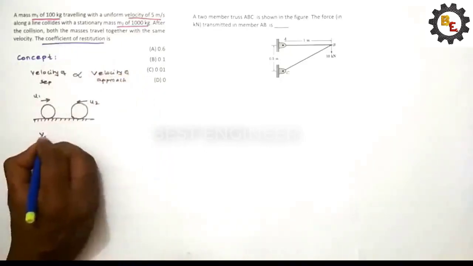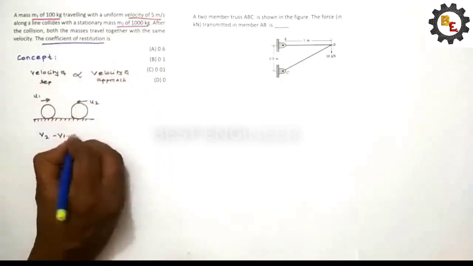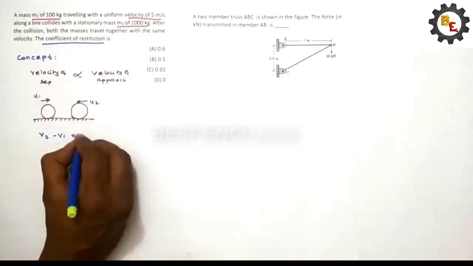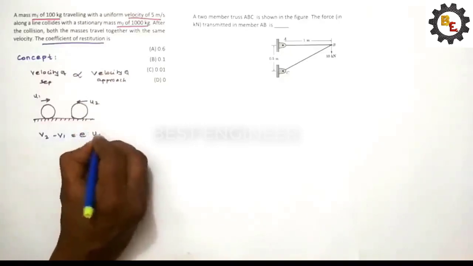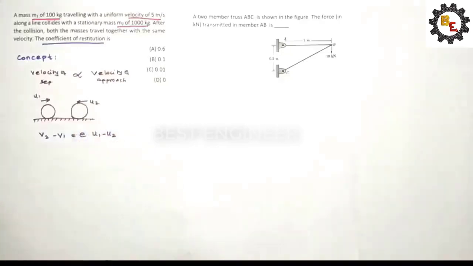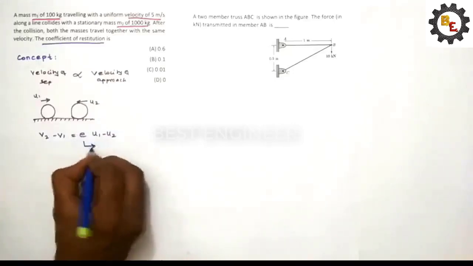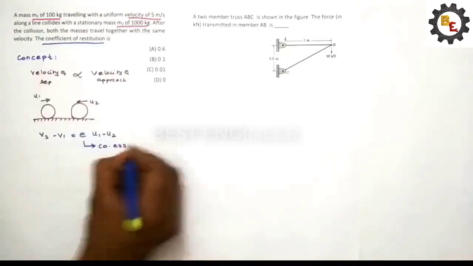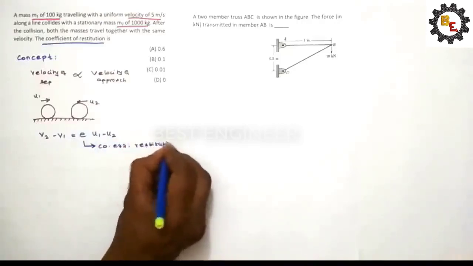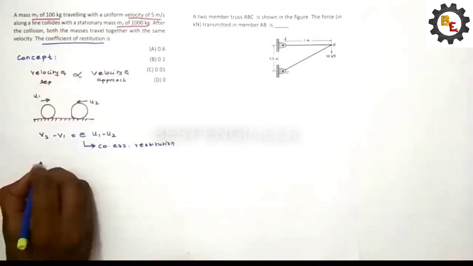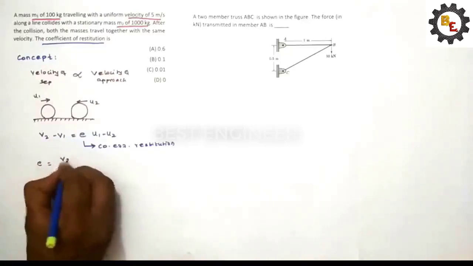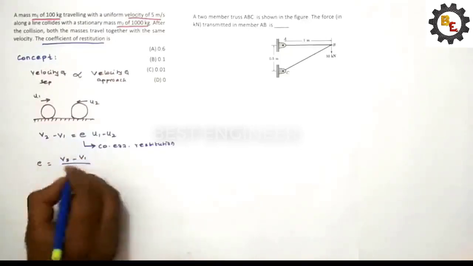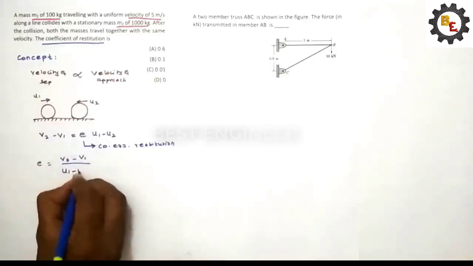That is, v2 minus v1 equals e into u1 minus u2. This constant is called the coefficient of restitution. Now e equals v2 minus v1 divided by u1 minus u2.